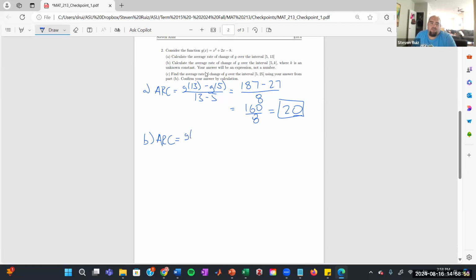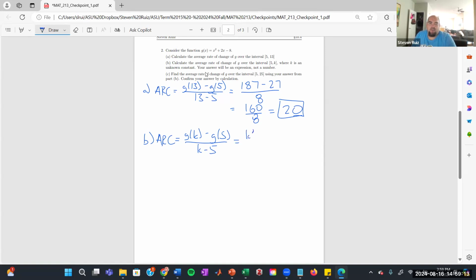I still want to find this difference. So what's g of k minus g of 5? I'm still going to find the difference between the y values on the right end of the interval compared to the left end of the interval, all over k minus 5. So what happens when I plug in k to this function?